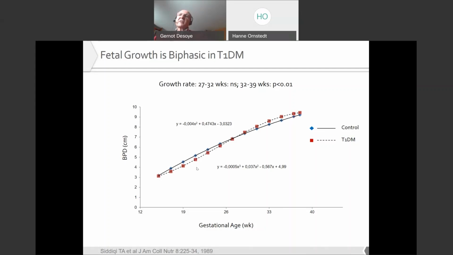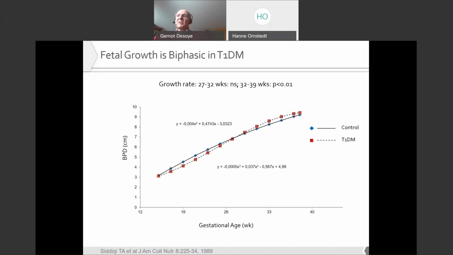Early on in pregnancy. So that would suggest that there is indeed reduced growth early in pregnancy, followed by a catch-up growth later in pregnancy, resulting ultimately in an increased birth weight in the neonates born to pregnancies complicated by type 1 diabetes.